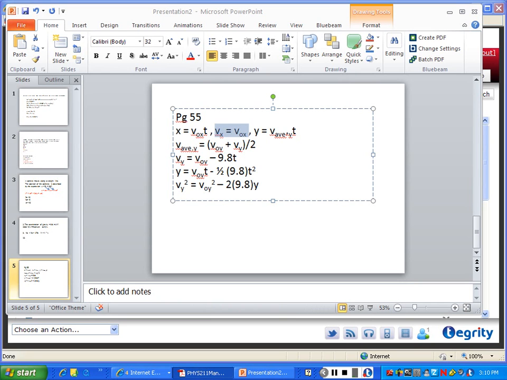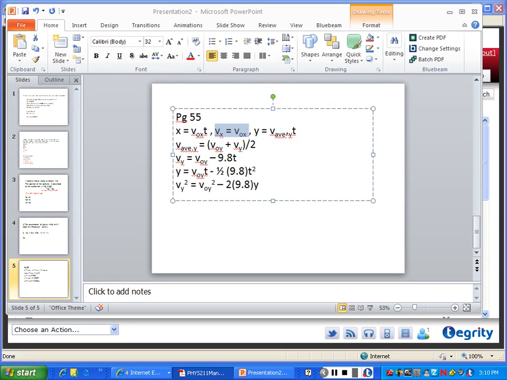described. Just want to scroll back here a little bit. On page, well, here, let's just copy this.